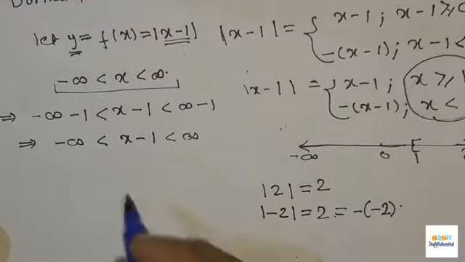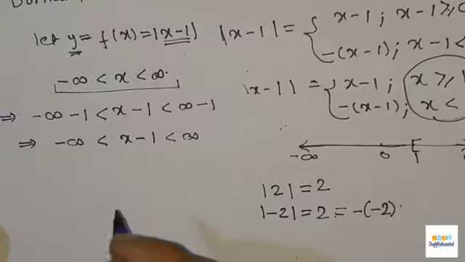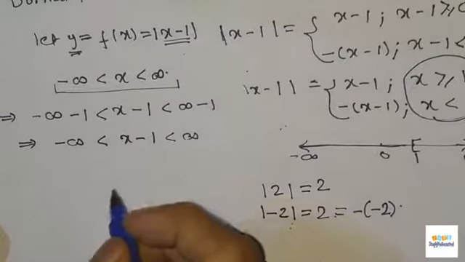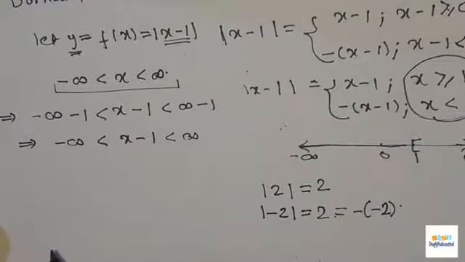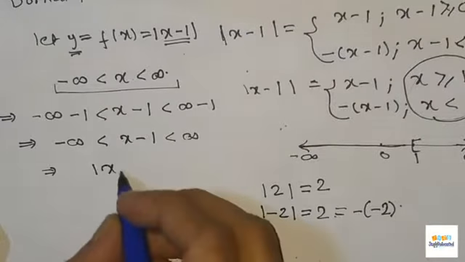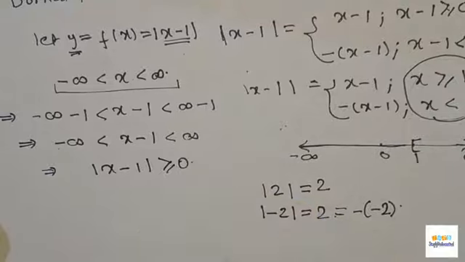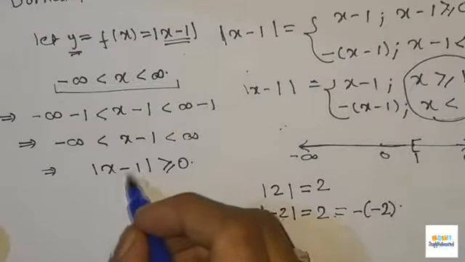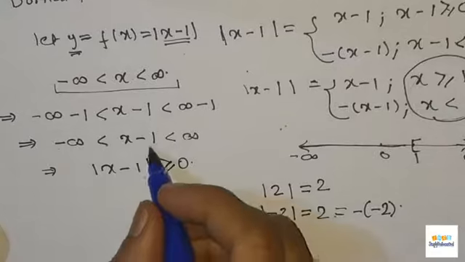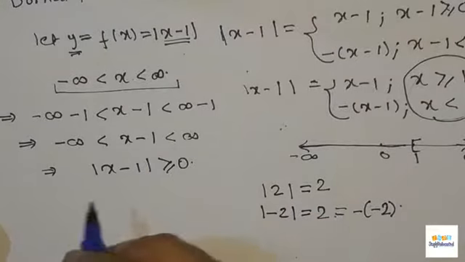So whenever we operate the modulus function here, the function value will be positive or 0. So modulus of x minus 1 will be greater than or equal to 0. Modulus of any quantity, in particular x minus 1, will be greater than or equal to 0.